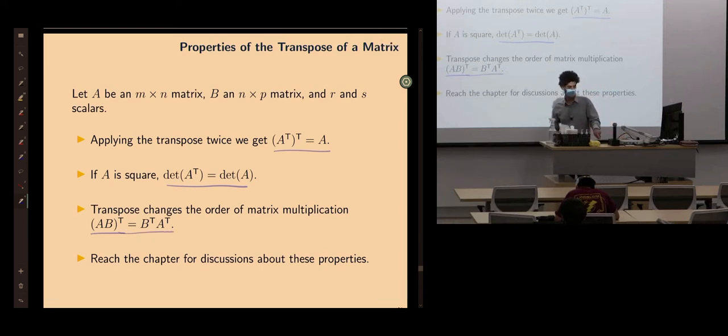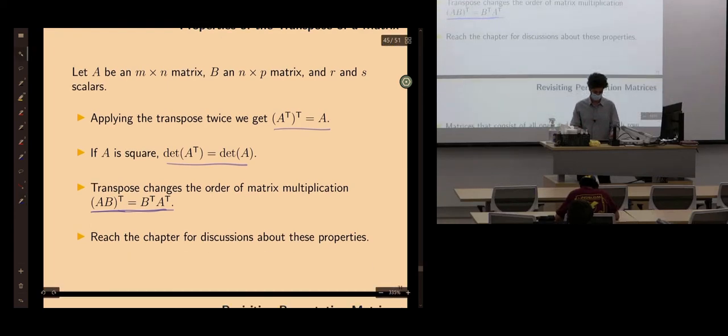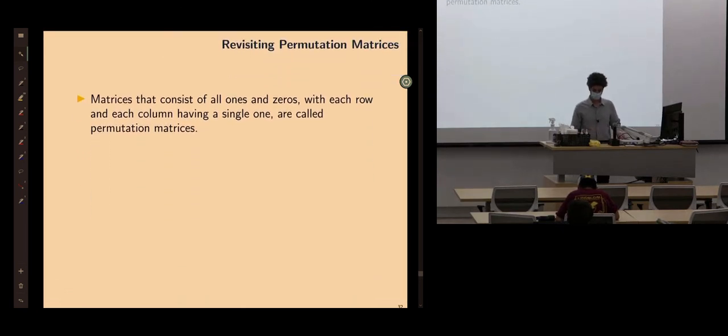This is the only explanation if your matrices are rectangular, because otherwise you get dimension mismatch. However, it does make sense if both are square matrices. But keeping the same order will not be correct because we know matrix multiplication is non-commutative. So the order will be different. We have more discussions around these topics in the book, and it's great if you look into them and ask your questions on Piazza. But for now, that's enough on transpose.